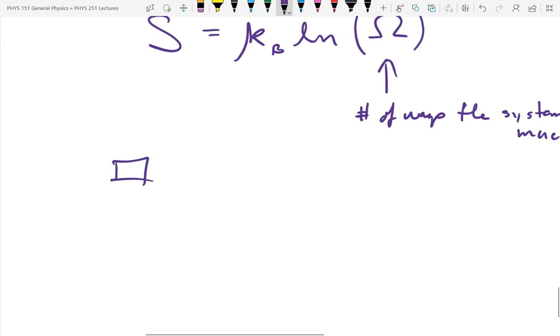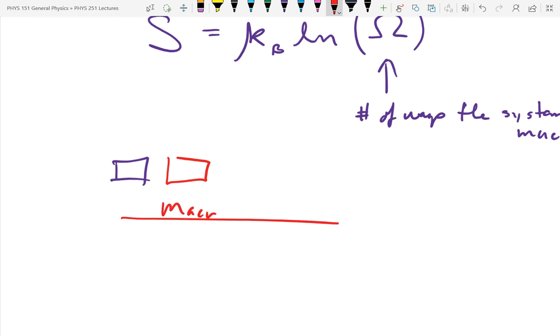Let's say we have two dice. One a purple die and one a red die. If I roll those dice, what values can I get? Okay, the total. The macro state is going to be the total.